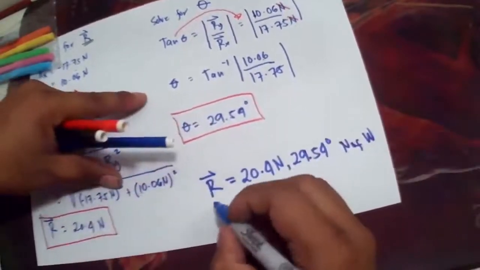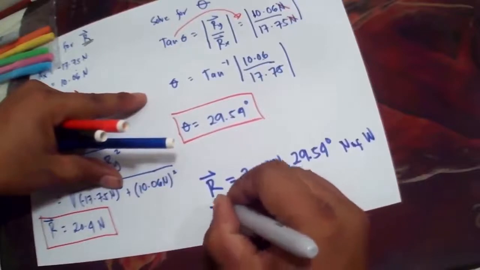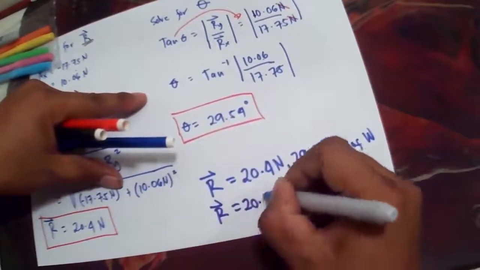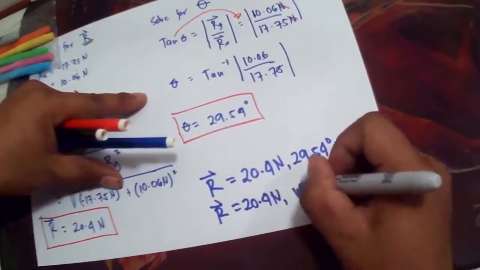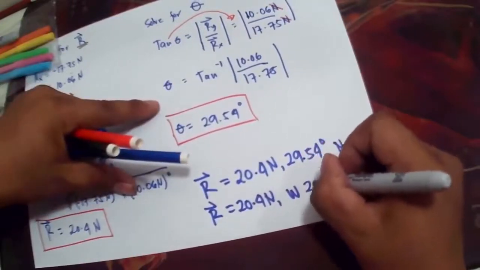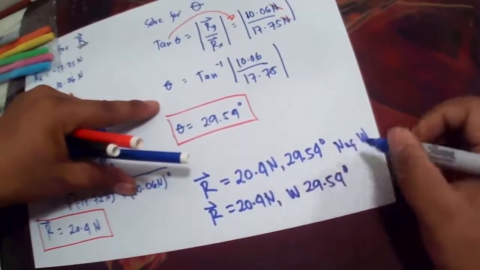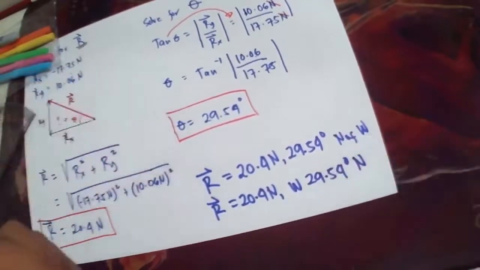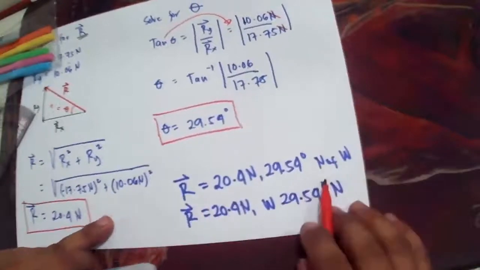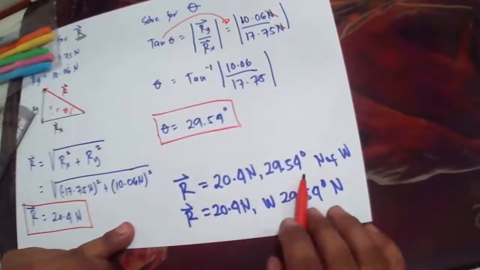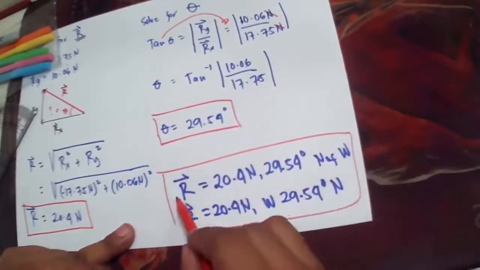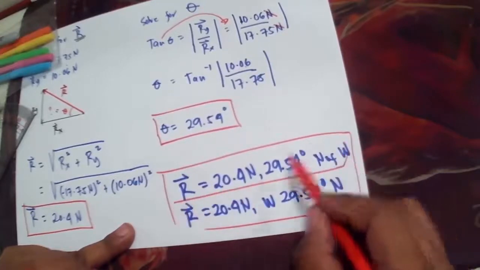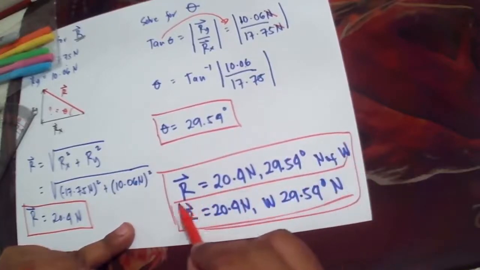Or I can also rewrite it as 20.4 newtons west, 29.54 degrees north. So either of these two solutions or answers is correct. You can express your answer like this, or you can express it like this one.